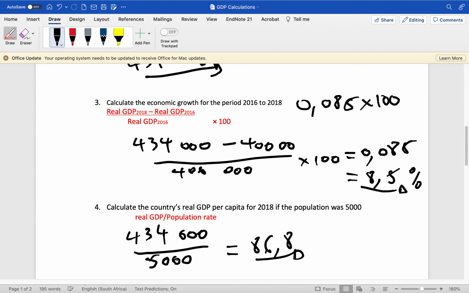So this value, or real GDP per capita, gives a rough indication of an average living standard in this economy.